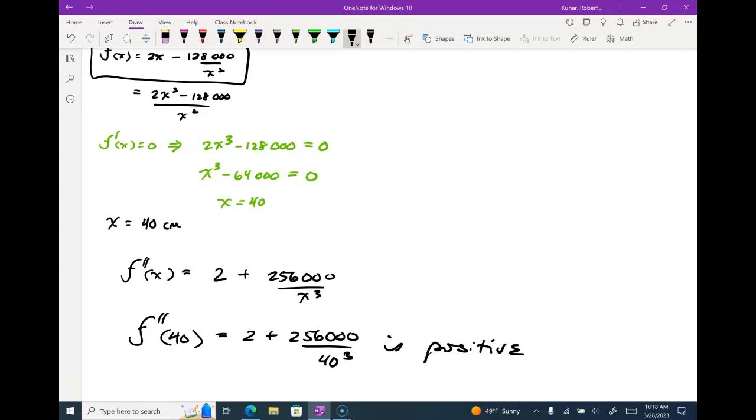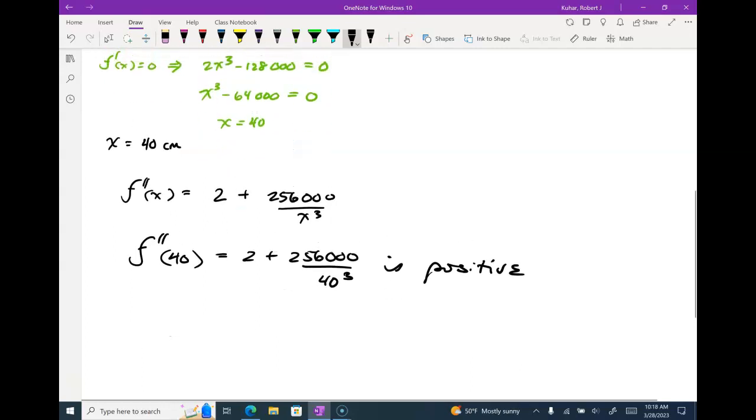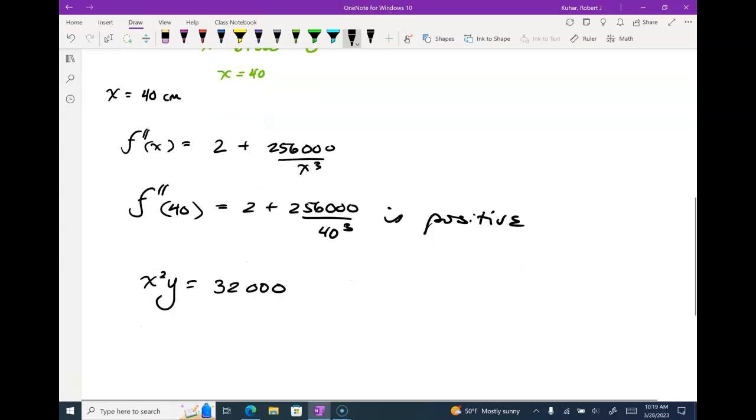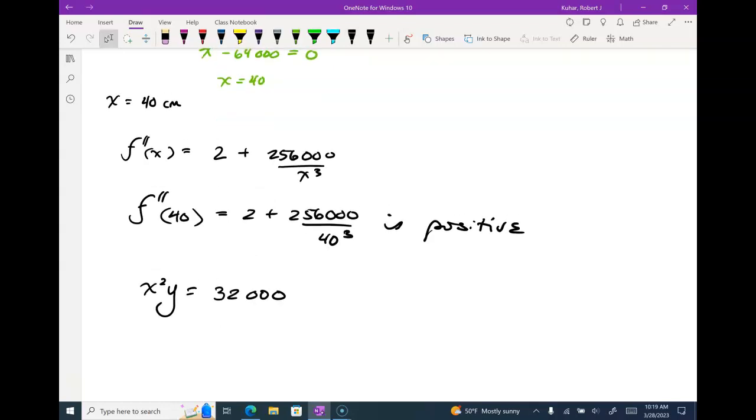I have to find the dimensions of the box, right? And the amount of surface area of the box. So I know x squared y has to be 32,000, right? Say again? 20? You found it already? Thank you. And so I know I've got to have y is 3,200 over 40 squared, right?